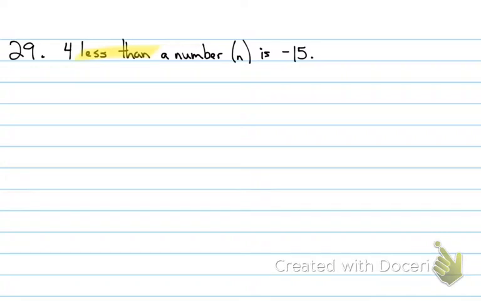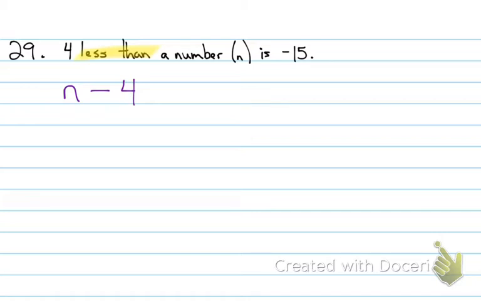So if it's 4 less than a number, I have to take the 4 from the number. The less than means that I reverse the order. If it had said 4 minus a number, I would have just written 4 minus n. The difference of 4 and a number is 4 minus n. But because it said 4 less than a number, I reverse the order.